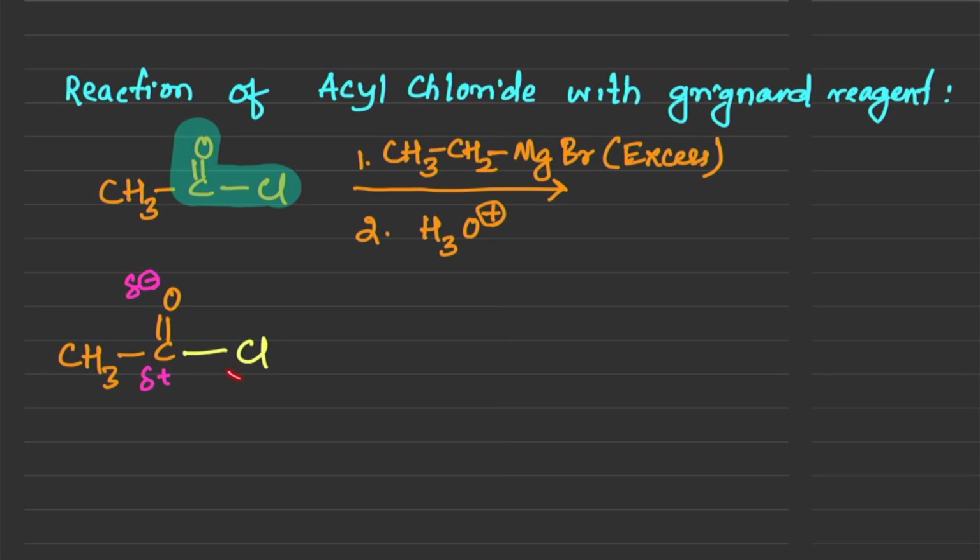So the inductive effect of chlorine will pull more electron away from carbon, because chlorine is more electronegative, right? As a result, your carbon will be even more attracted towards a nucleophile. So this is why acyl chlorides are a lot more reactive than any other carboxylic acid derivatives.